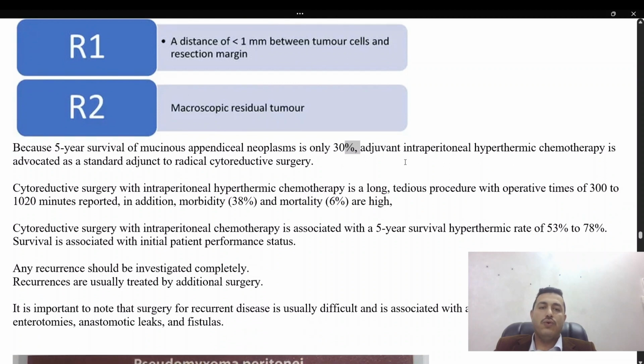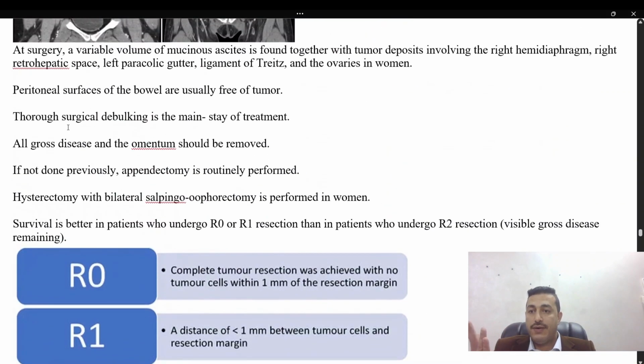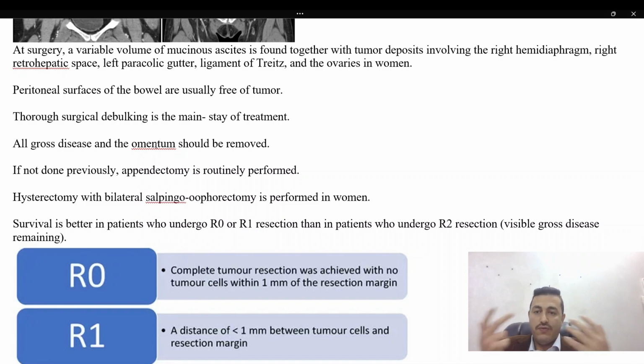We have to proceed here for intraperitoneal hyperthermic chemotherapy. It's a standard, we said: appendectomy, radical resection, omentectomy, first of all debulking surgery. This includes removing the omentum. Any gross mucinous neoplasm, remove it. Omentum, remove it.